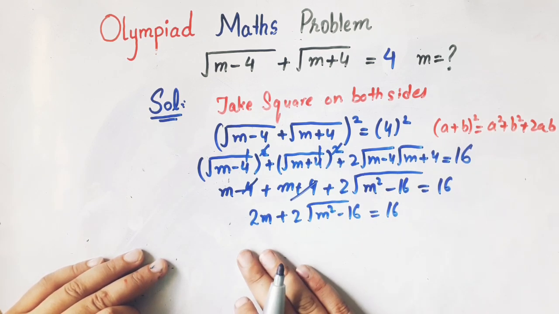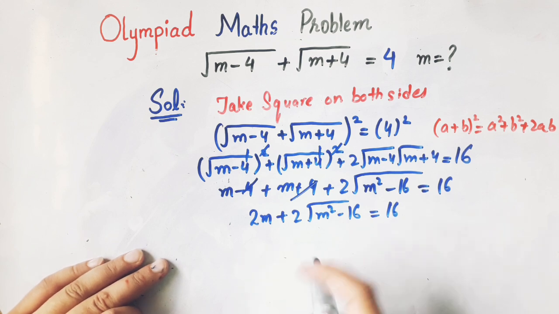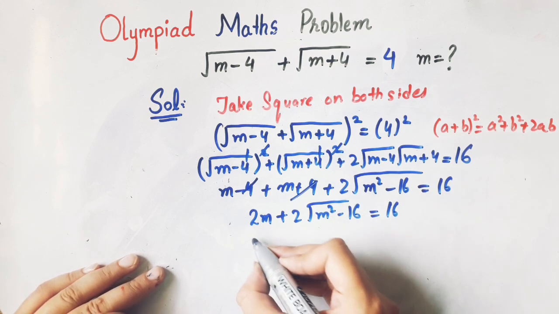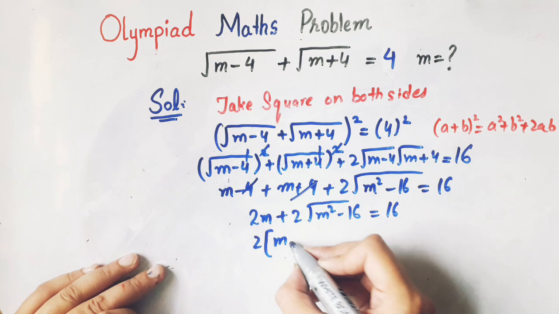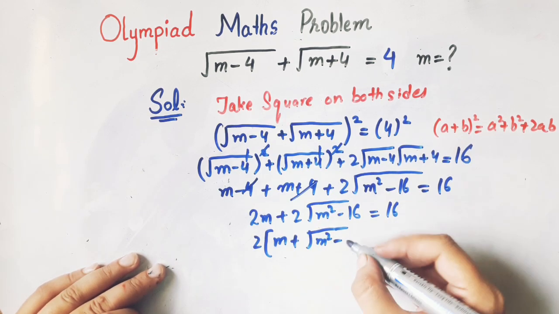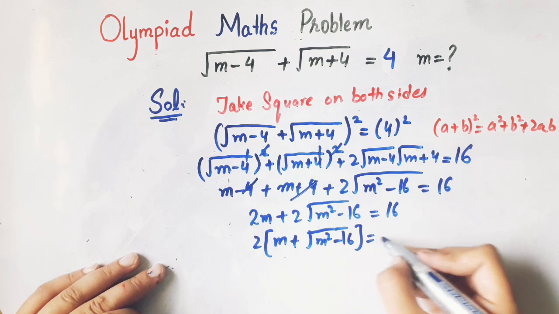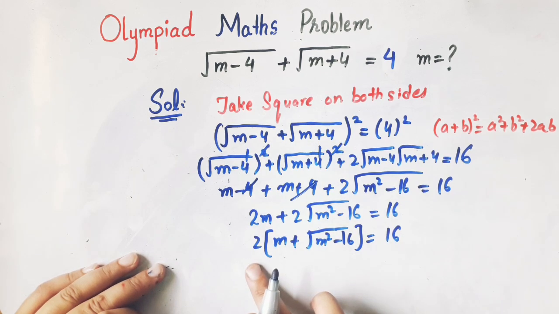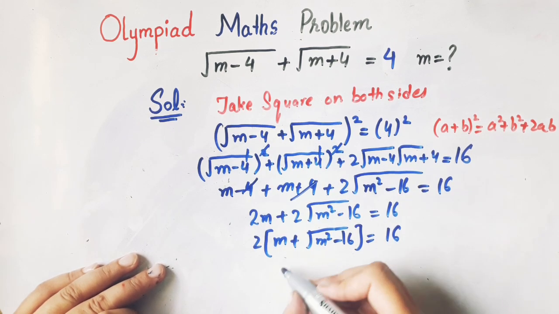Now we will take 2 as common from this. We get 2 times m plus root of m square minus 16 equals 16.